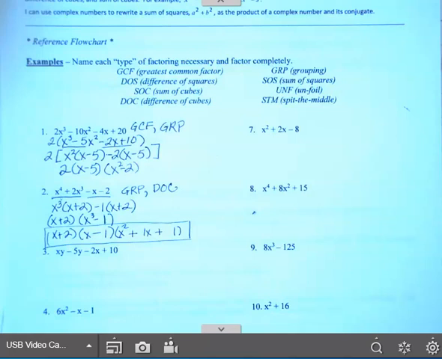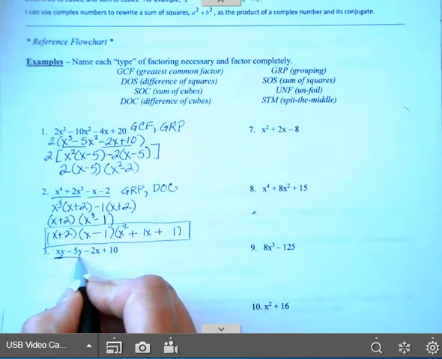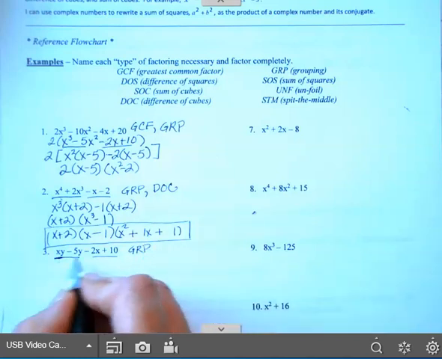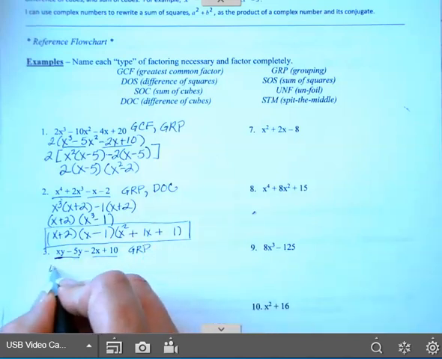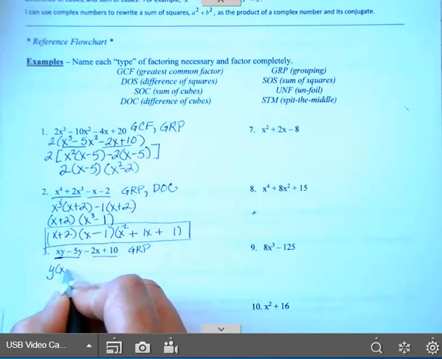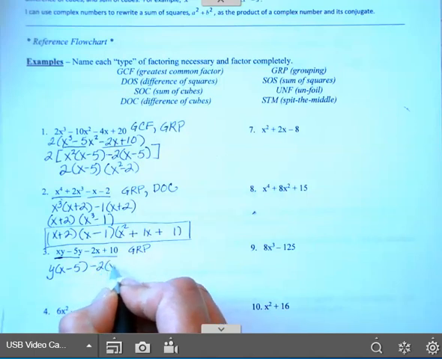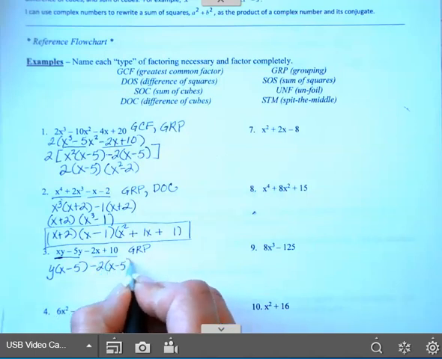For example 3, they do not have a greatest common factor. There are 4 terms, so I'm going to group. The first group has a y in common, and I'm left with x minus 5. The next group has a negative 2 in common. I'm left with x minus 5.